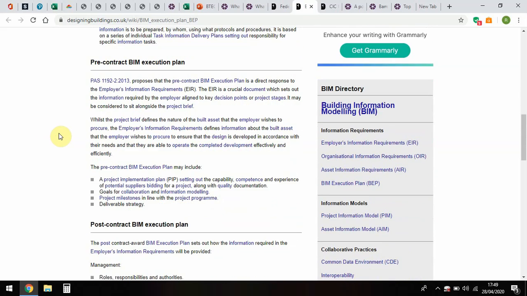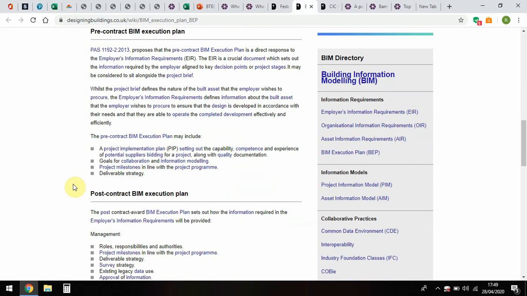And then it talks here about pre-contract, what you can do in terms of executing BIM, so putting in things about employer's information requirements, talking about what the employer wants to get from it, and therefore you can think about how you can actually use that information. What information are you going to need? How is it going to be best to manage it? Is composite going to work better? Is federated going to work better? You can make that decision at the start.